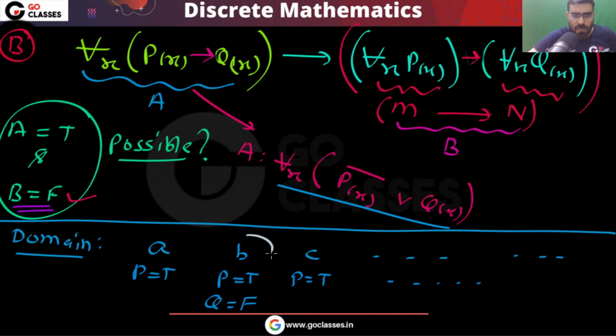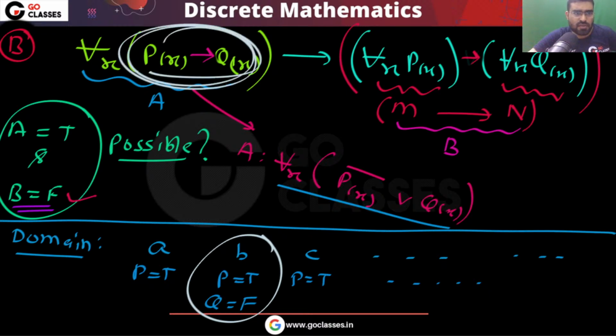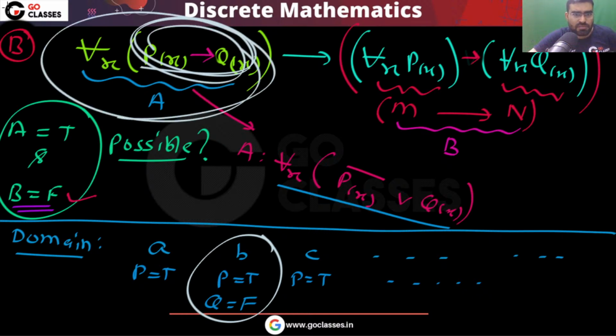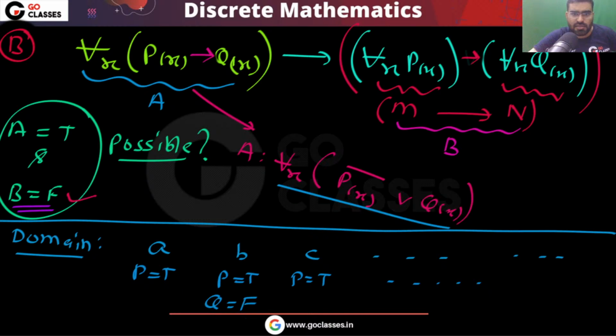Because of b. For this element b, you can see that this will be false. So automatically this A will be false. Correct? Is this clear? So you can see this is actually false.